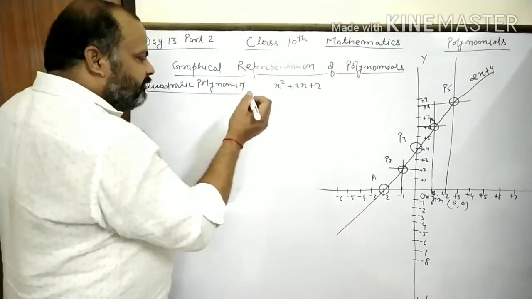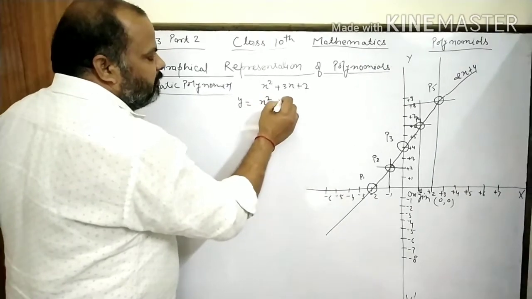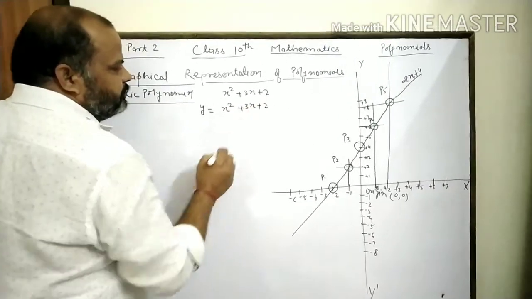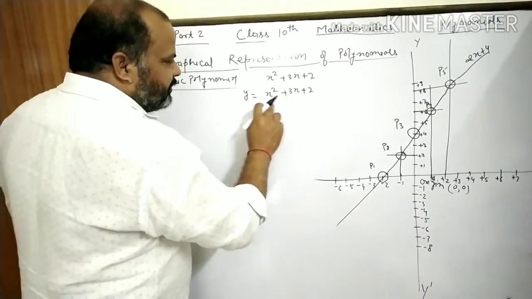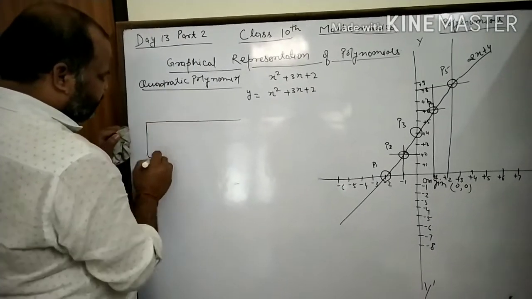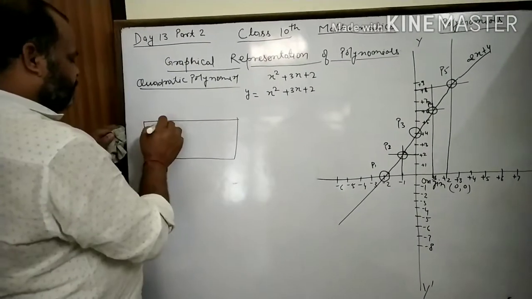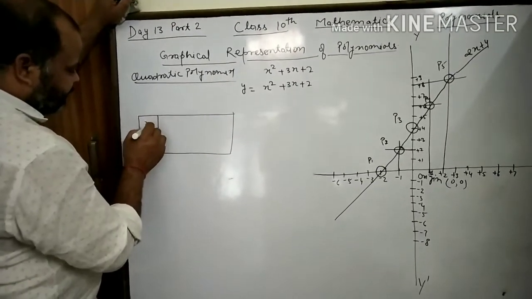Clear? Then we consider y is equal to x square plus 3x plus 2. To represent this equation, we can make a table this way, with x and y.